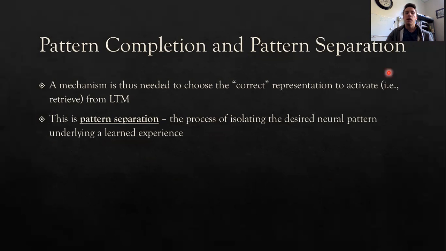Some mechanism is needed to choose the correct representation, that is, to activate the correct or desired representation from long-term memory. And this process would be pattern separation. Pattern separation is the process of isolating the desired neural pattern underlying a learned experience. And this is in contrast to pattern completion.